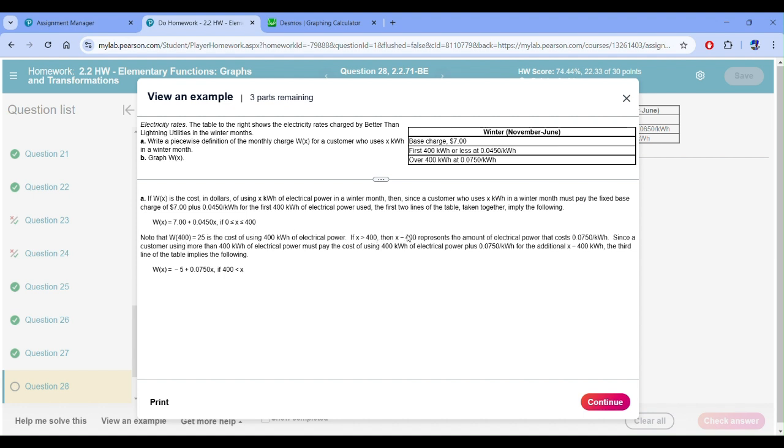If x, then x minus 400 represents the amount of electrical power that costs at that. Since a customer is using more than 400 electrical power, they must pay the cost of using 400 kilowatts of electrical power plus that for the additional. The third line of the table implies the following: negative 5. Where did this negative 5 come from?